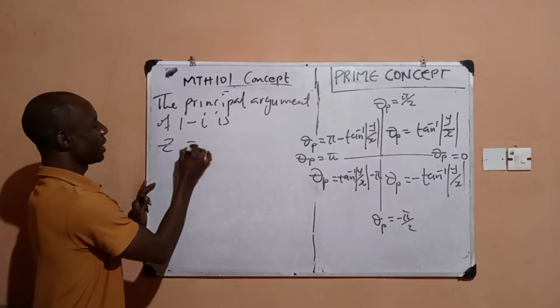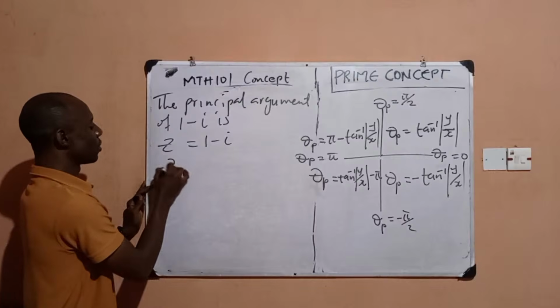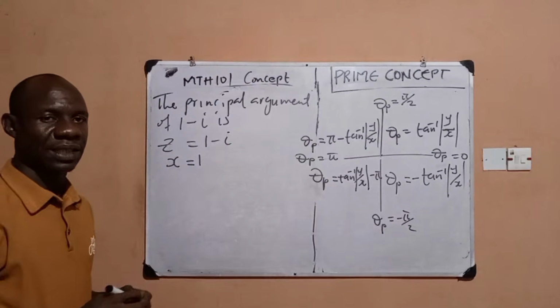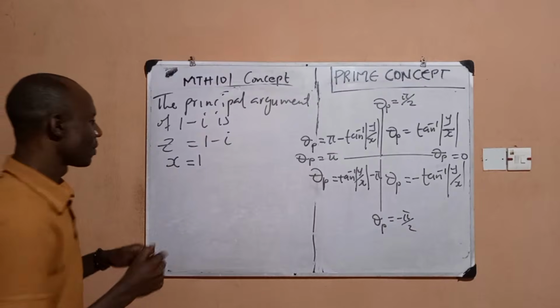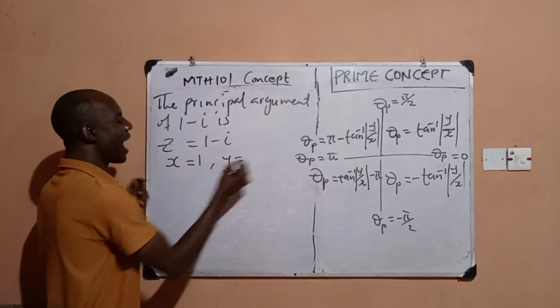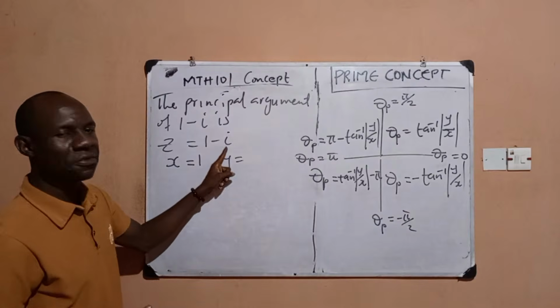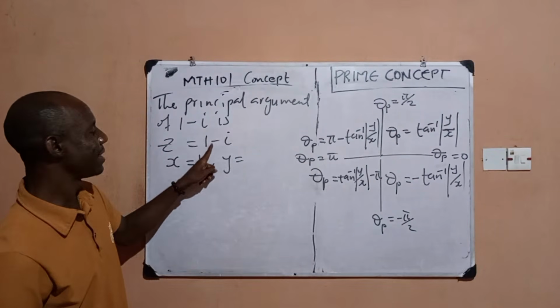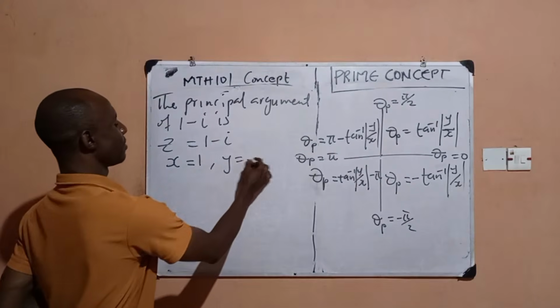So they gave you z as 1 minus i. So x is equal to 1. What is your y? Your y is the coefficient of i. What is the coefficient of i? It is negative 1. It is minus 1.